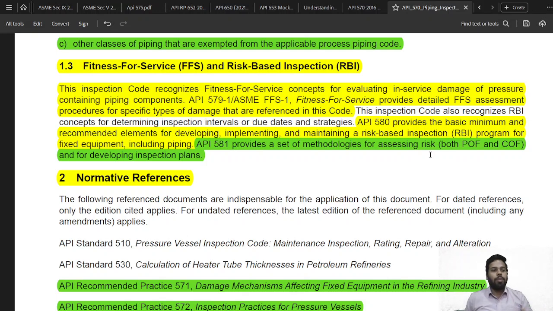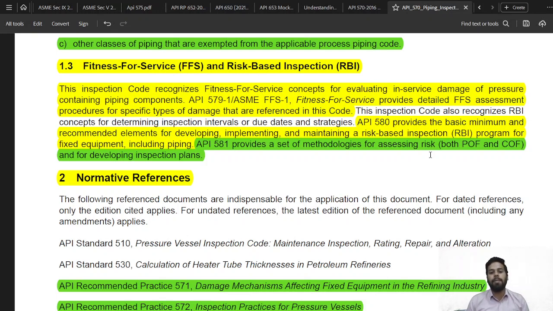Now the main question is, we might be able to do an FFS assessment, but how do we find what approaches should be taken while doing it? For that, API 570 tells us that whatever FFS assessment you do should be done as per the requirements given in API 579-1 / ASME FFS-1.